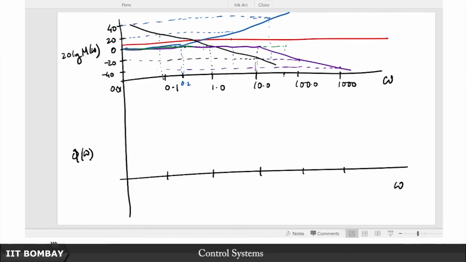So these are all overlapping, too many overlapping blocks now, but that's what happens. So at 50 over here, near about 500 it will be minus 20 dBs, and near about 5000, which is probably somewhere here, it will be minus 40 dBs. Let me also draw this 10,000 line here.